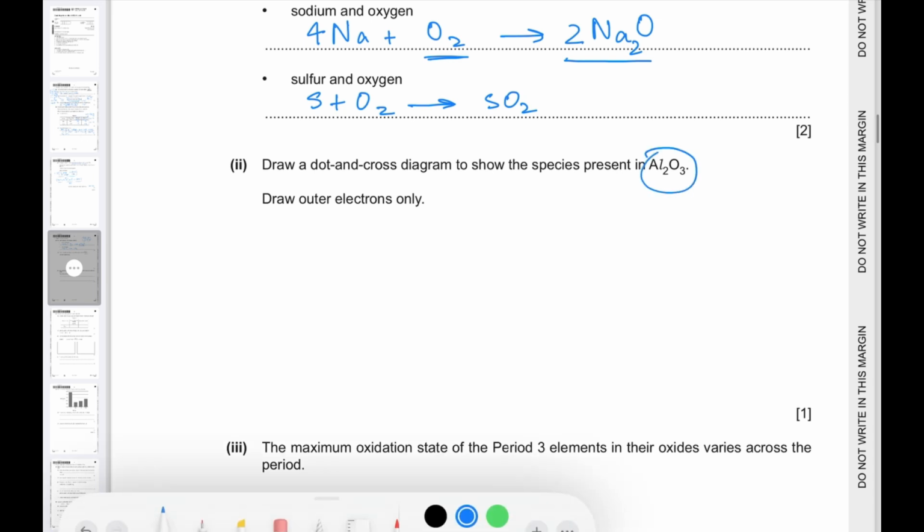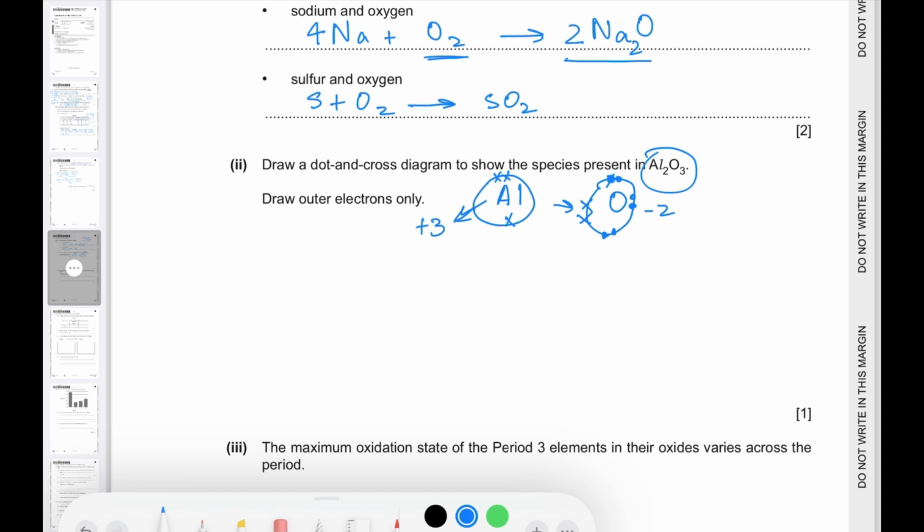Alright, aluminium being a group 3 metallic element will donate the 3 electrons in its outer shell, and oxygen being a group 6 non-metallic element needs 2 electrons to complete its outer shell, which it will gain from aluminium to gain a charge of -2, whereas aluminium becomes a cation with a charge of +3 after losing all 3 electrons.